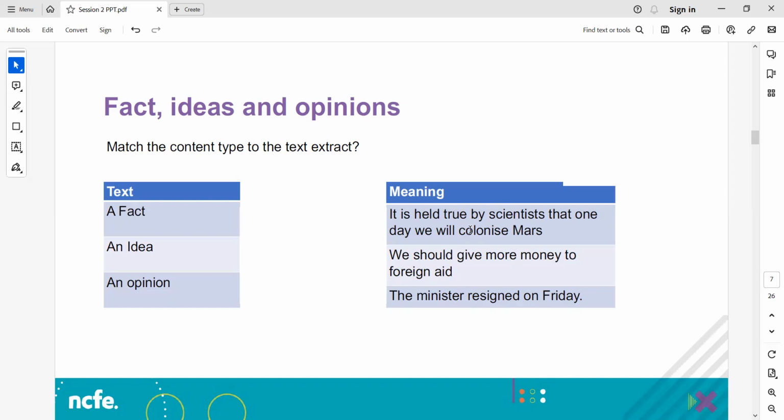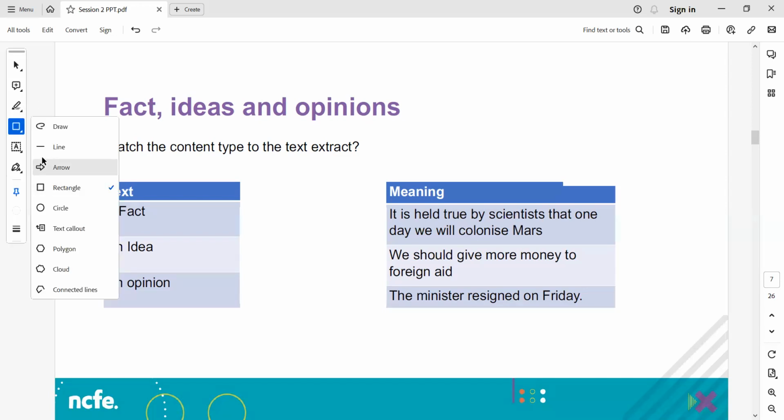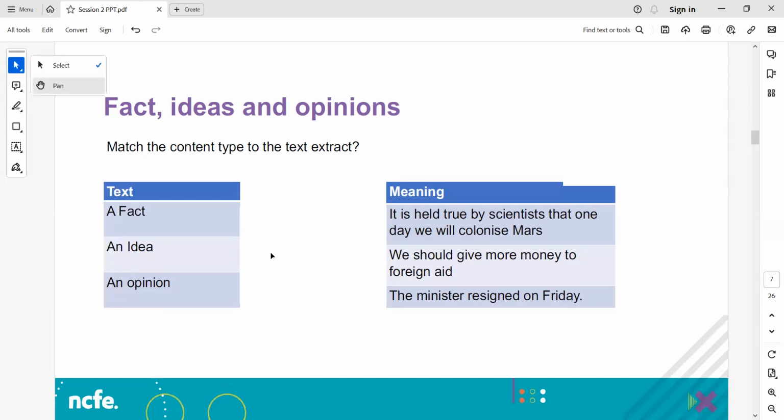It could read, I think we should give more money to foreign aid. So it's a small group or one person, whereas an idea is a more general view. Does that make sense? So they are very closely related, but they are slightly different.